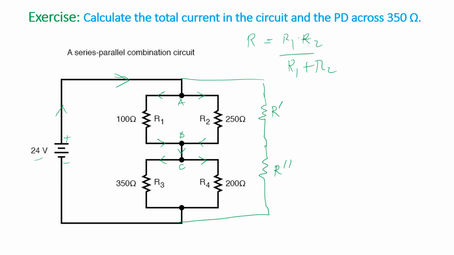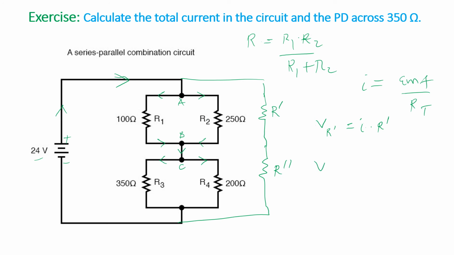So add them to get the total resistance, then get the total current in the circuit, which is always EMF over R total. After getting the total current, if you want to get V across R prime, it is I times R prime.